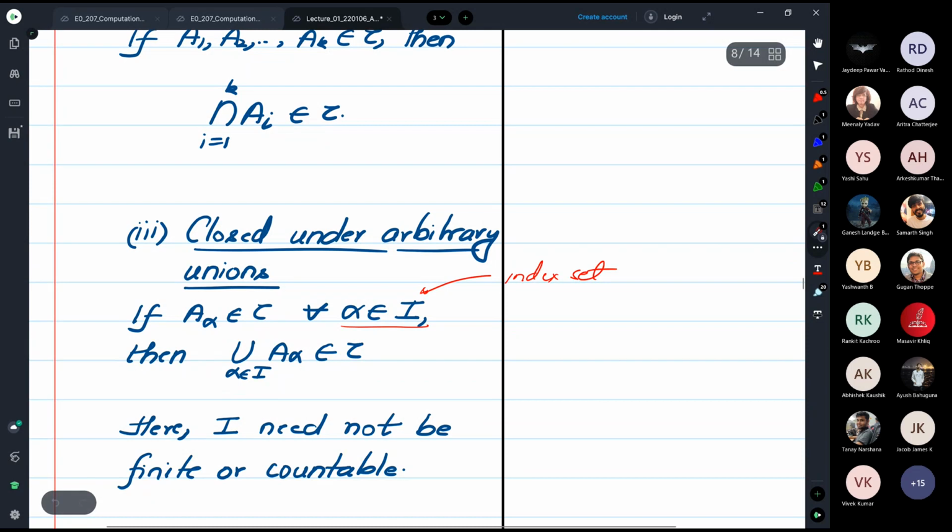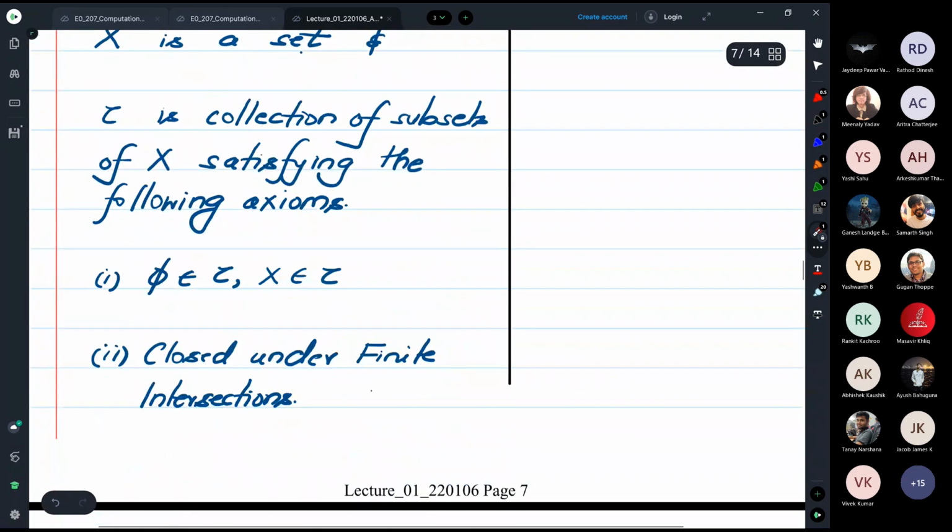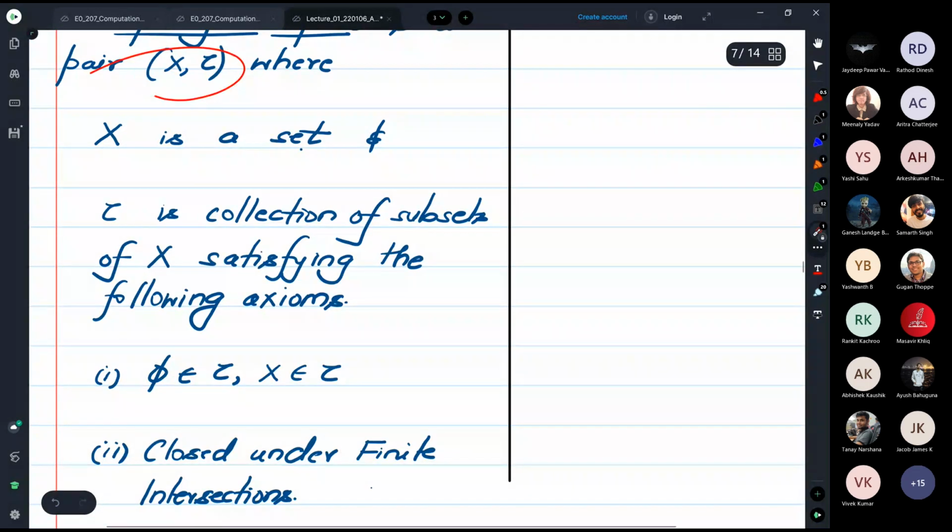Is this okay? If these three properties are satisfied by this collection tau, we say that this pair over here is a topological space.